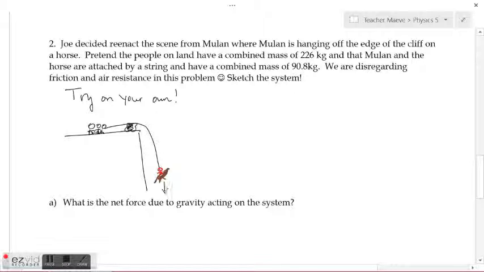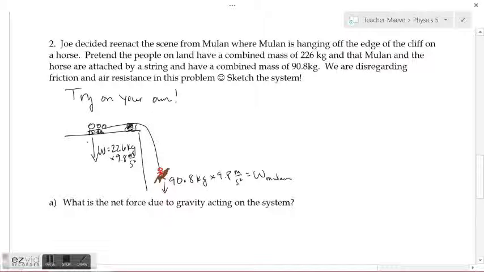Here's the whole setup, and we've got Mulan and the horse's weight going downward, so that's 90.8 kilograms times 9.8. That's mass times the acceleration due to gravity, and that gives us the weight of Mulan. And then we've got the people, their weight going downwards, that's 226 kilograms, their mass, times the acceleration due to gravity, 9.8.